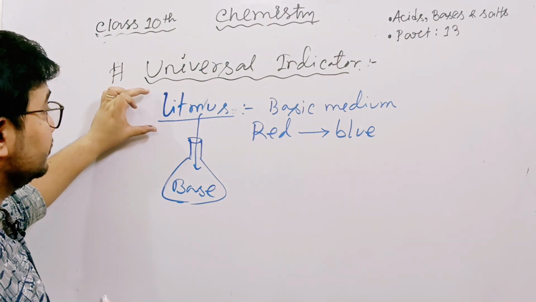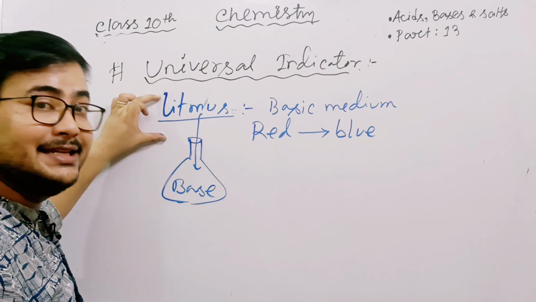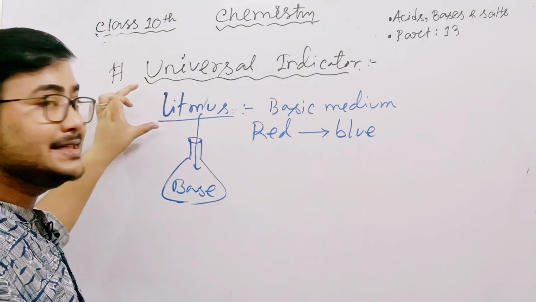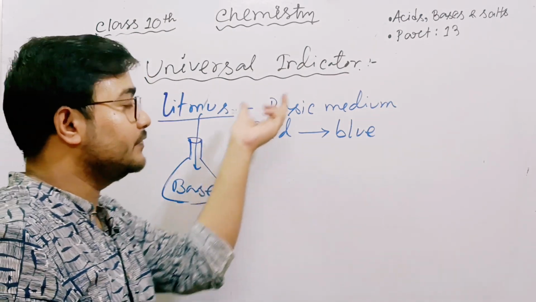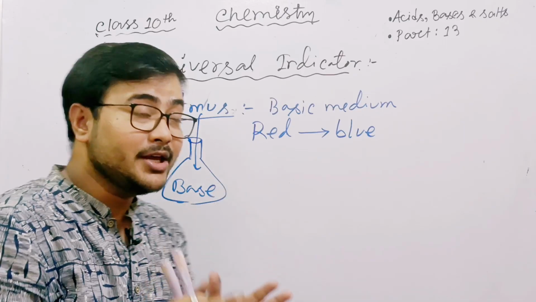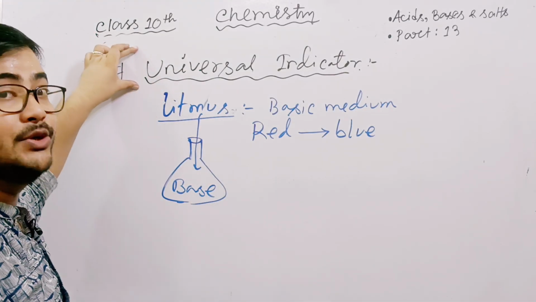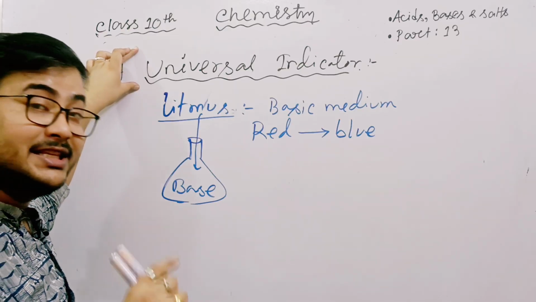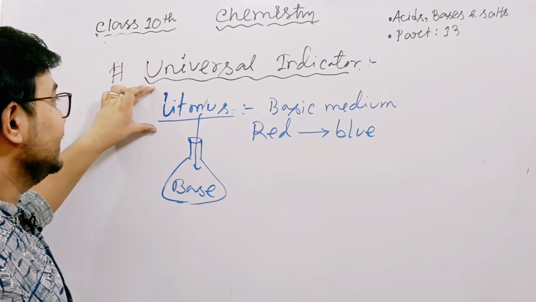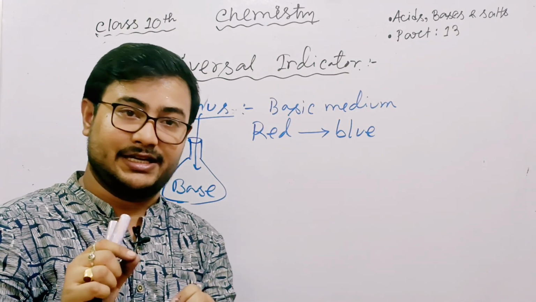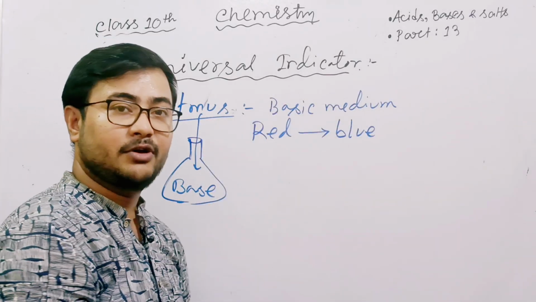Since it is an indicator, red converts to blue. So now my question is, how does this normal indicator differ from the universal indicator? This is the main concept. Litmus paper is an indicator, that's why it changes its color from red to blue.